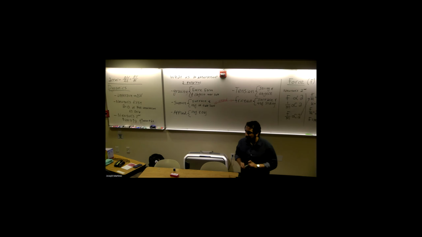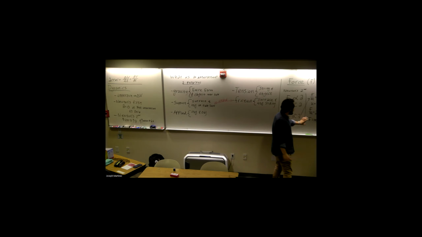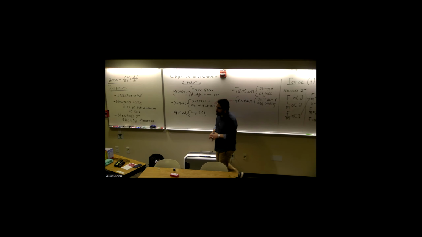And this is how you take that empirical law of Newton's second law that says if your interaction is larger, you have a larger acceleration. If your mass is larger, you have a smaller acceleration. This is how you take that empirical idea and build it into something that is quantifiable, something that has a numeric value to it.